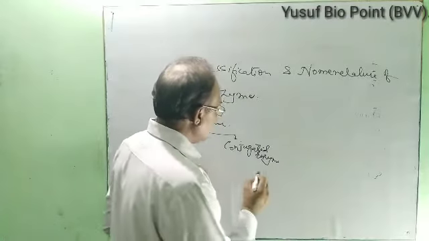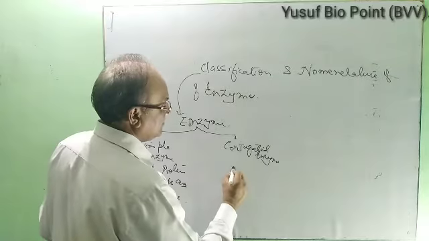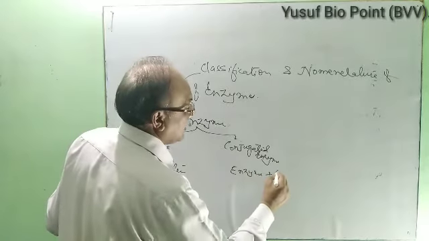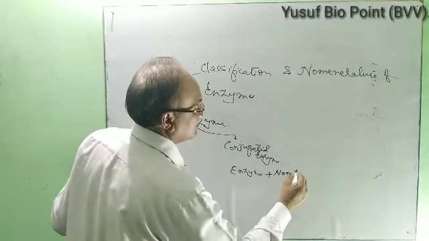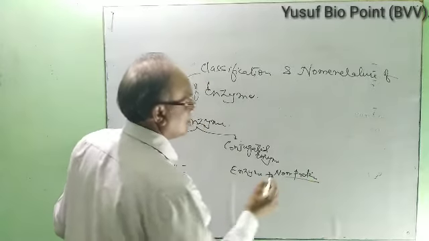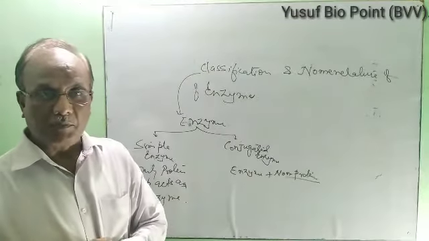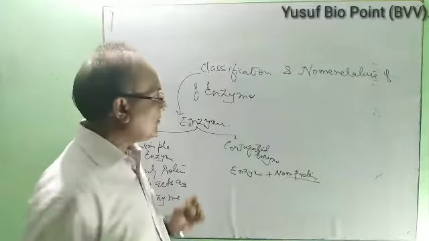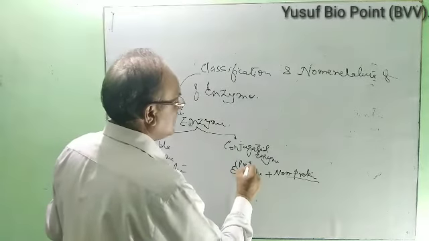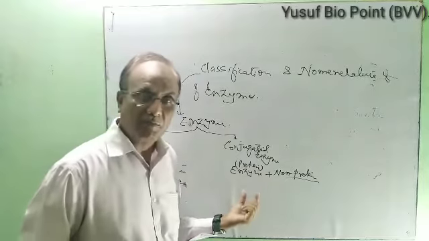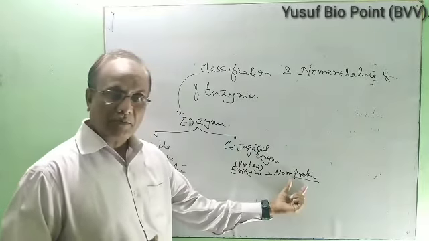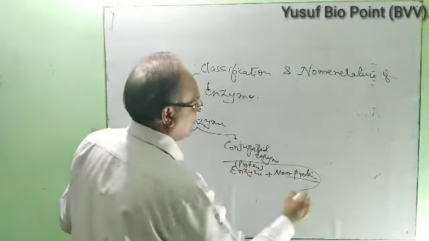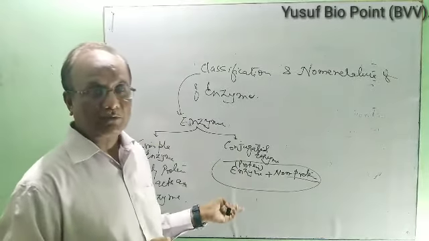Now the conjugated enzymes. This is important. When the enzyme, that is the protein part, is attached with a non-protein part, understand? Then it is known as a conjugated enzyme. There is a protein part and a non-protein part. So such a protein is called a conjugated protein.